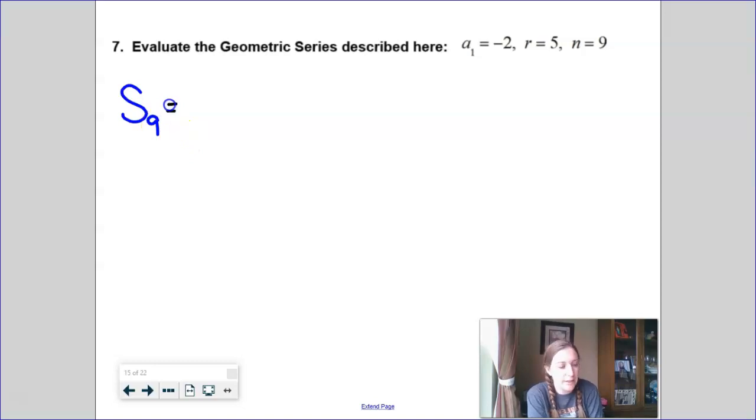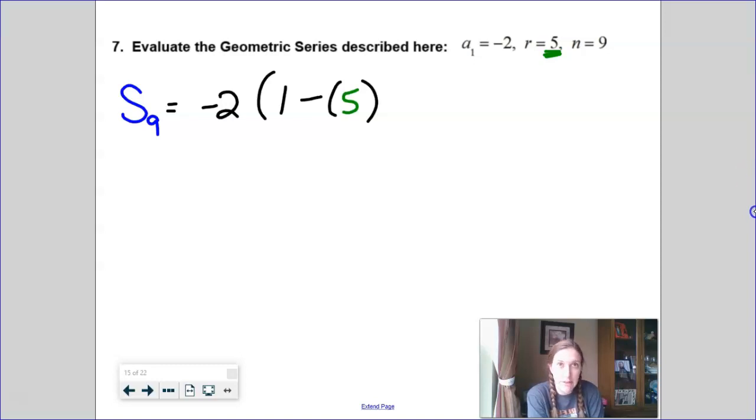I sure could. I could say my first term is -2, and then I'm going to multiply it by 1 minus r, which is 5. Again, the parentheses are not required around this base of 5, but I suggest it.